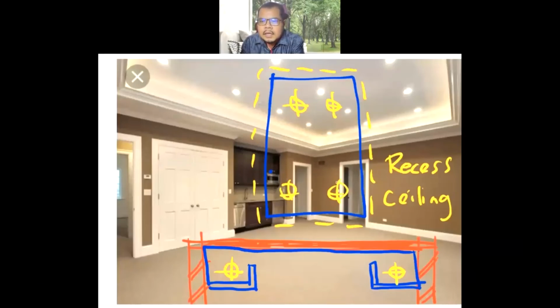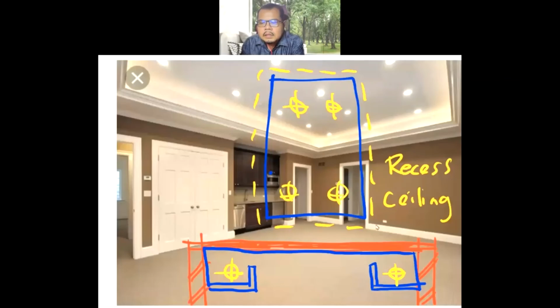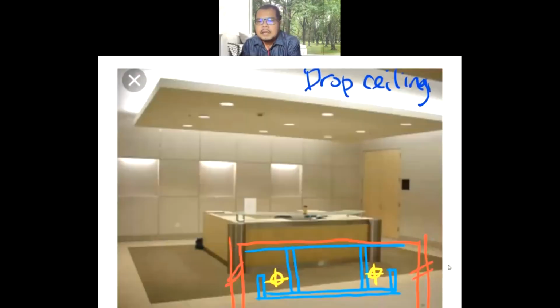So the dotted line is to indicate the hidden lighting. So you draw the wall first and the dotted line to indicate the recess, the hidden lighting, and then you draw the blue line for the upper shielding level. This is the right one.